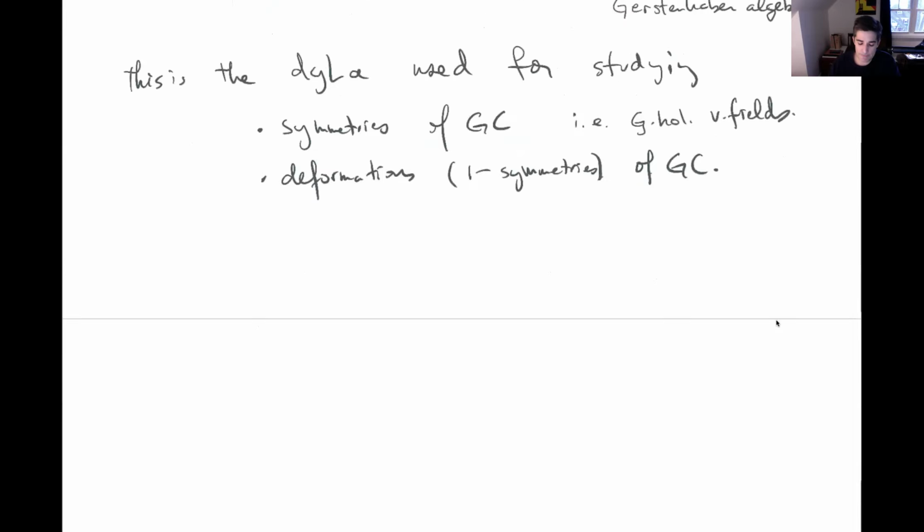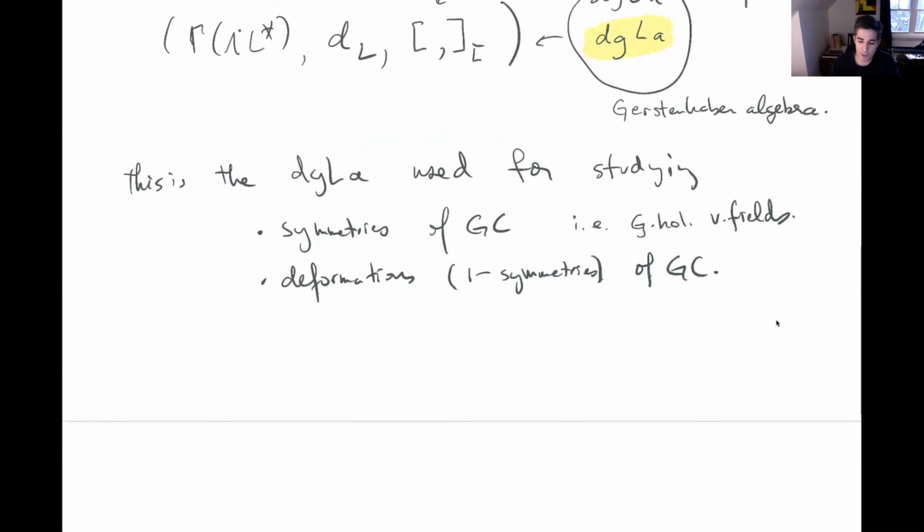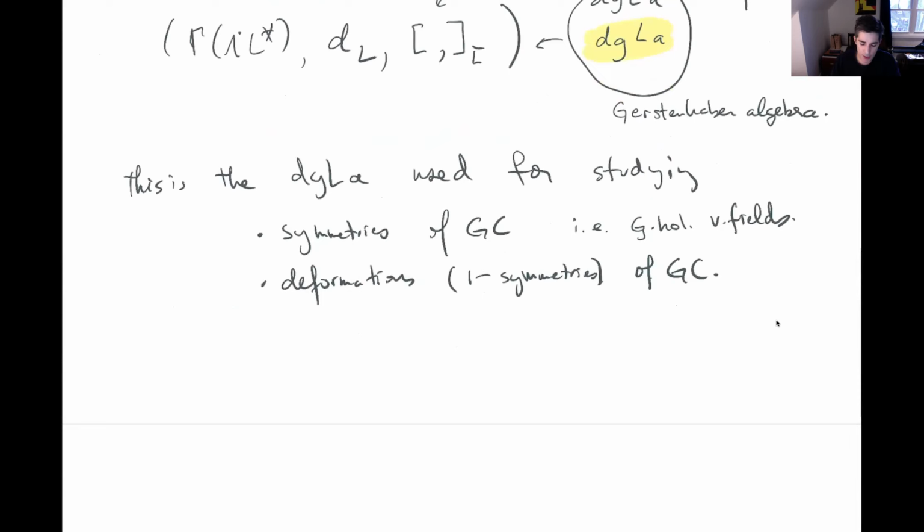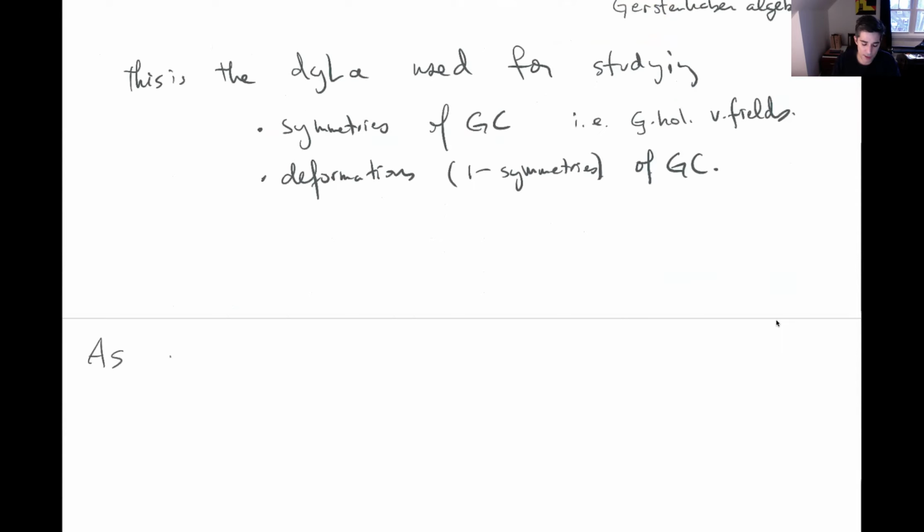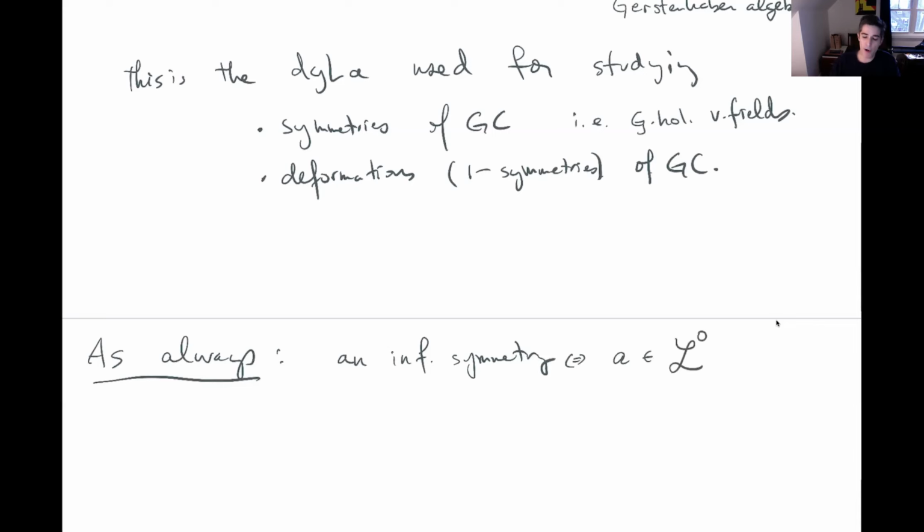Okay, so whenever you have a differential graded Lie algebra, in order to find deformations, as is always the case, an infinitesimal symmetry is something in the 0 degree part of the Lie algebra.